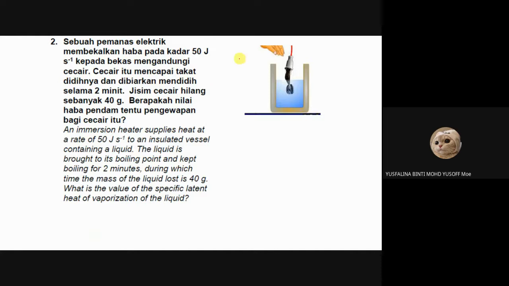So this is the formula: power equals work over time. Work must be in joule and time in second, so joule over second, J s negative 1, which equals watt. So this is 50 watt.